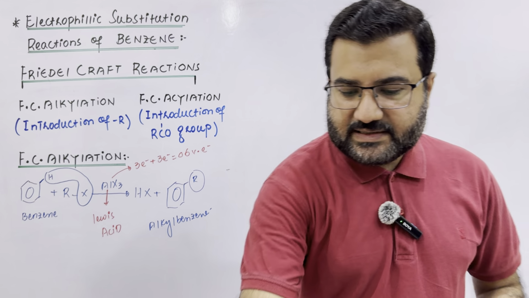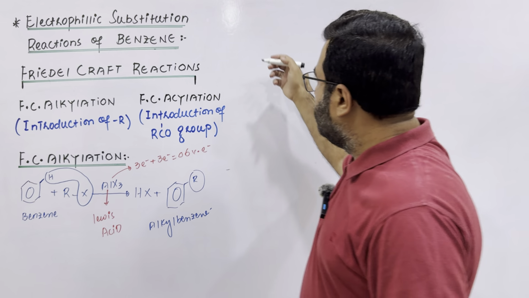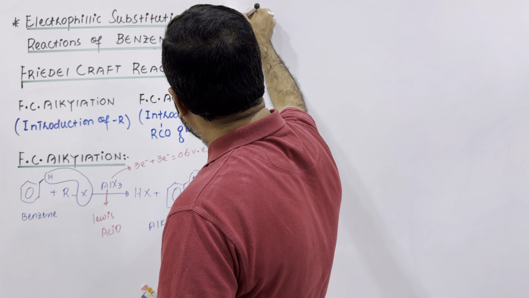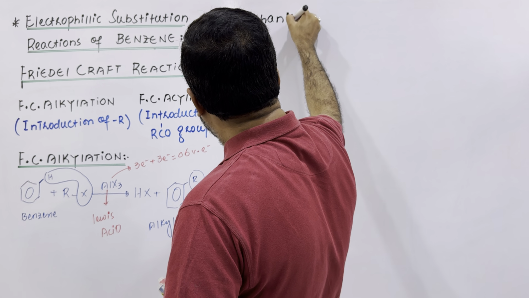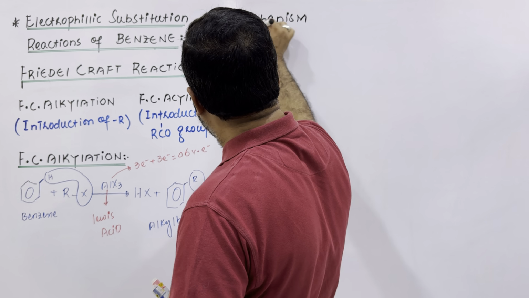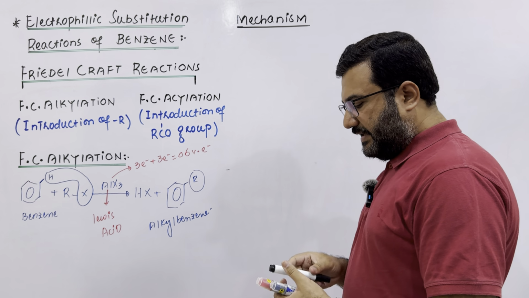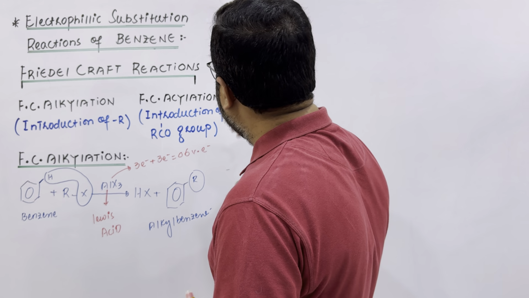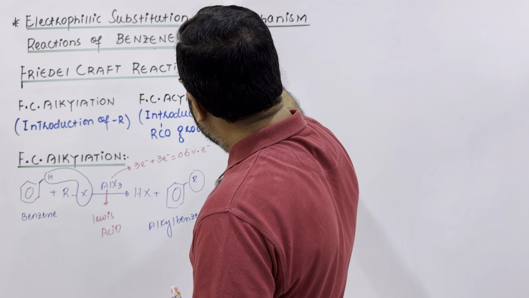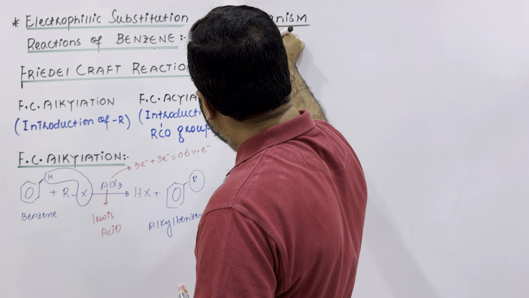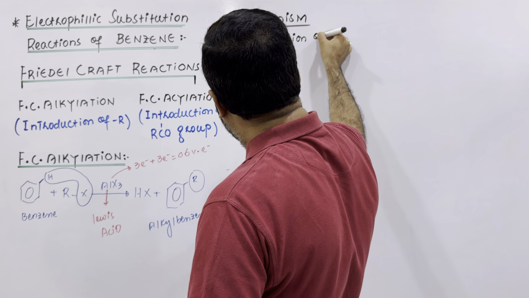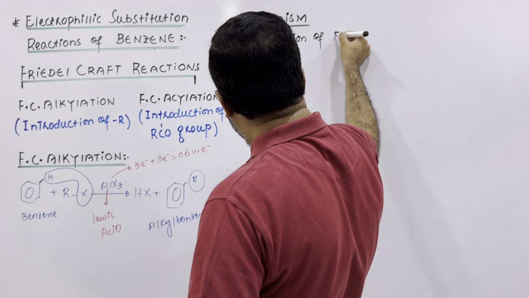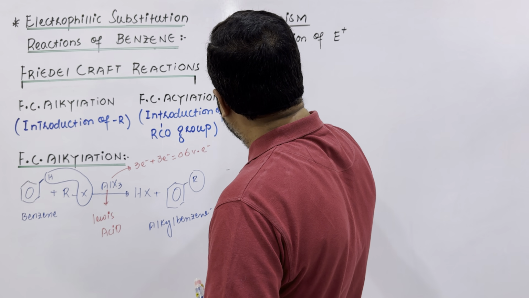Now my dear students, let us talk about the mechanism of Friedel-Crafts alkylation. The first step is the generation of a strong electrophile.